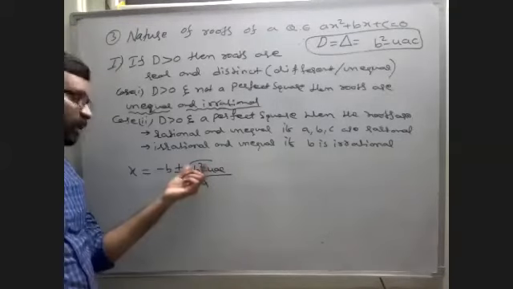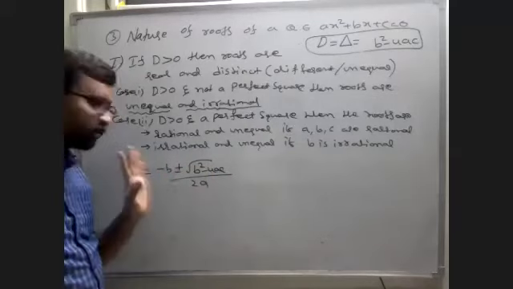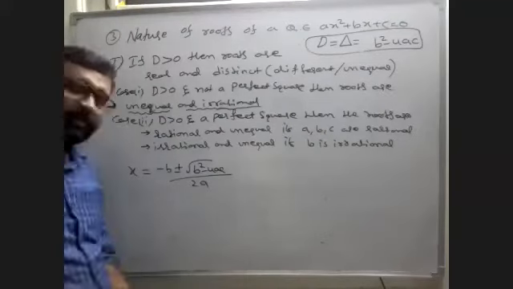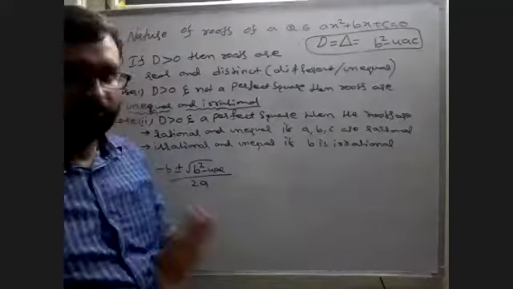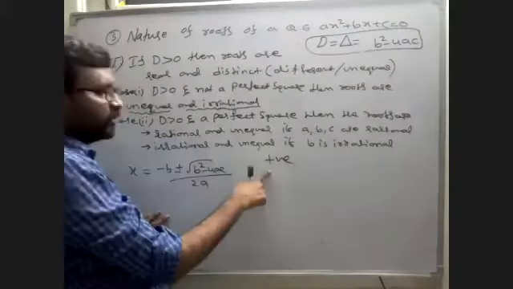If delta equal to 0, the remaining term is only b by 2a, which is only one value, that is, equal roots. Now, if delta greater than 0, suppose this is positive.